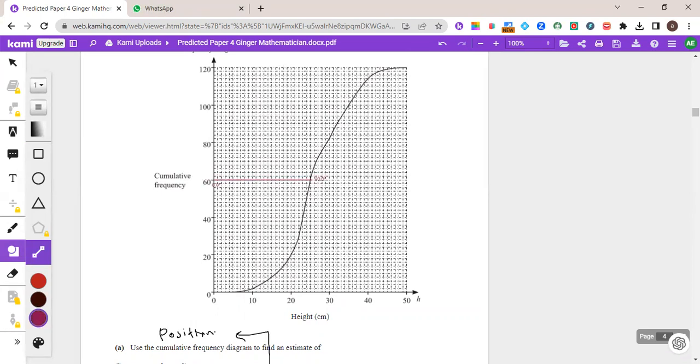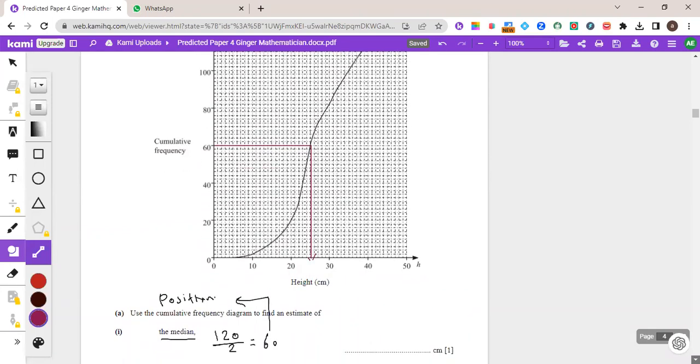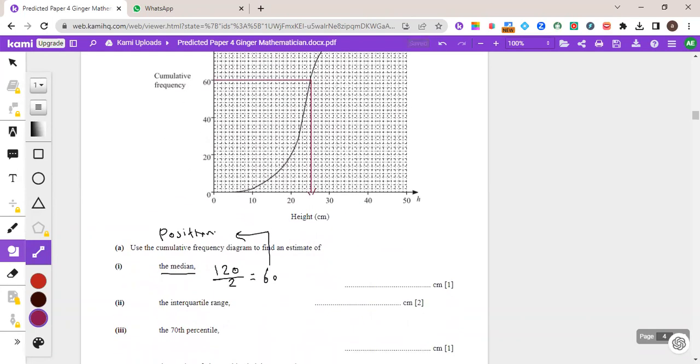Then I will go down. It is around 25. So 25 centimeters is the median.